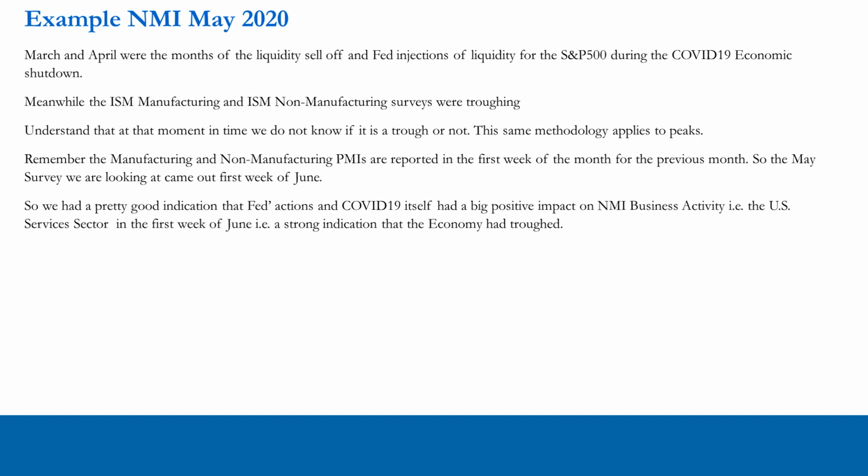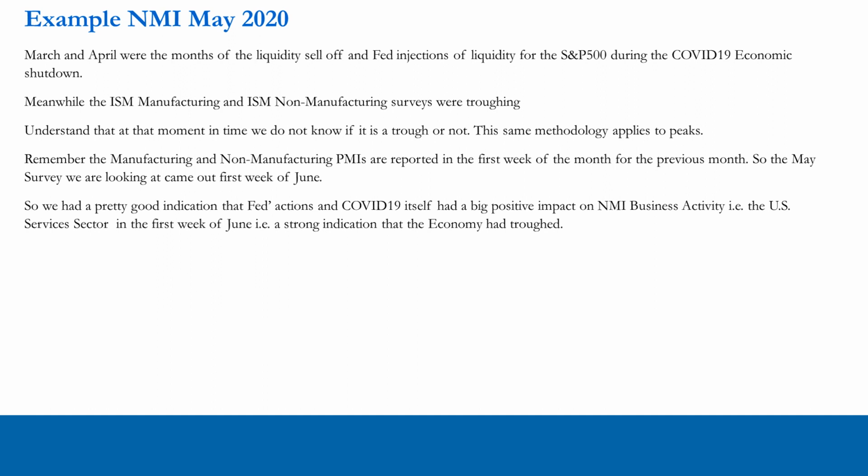And this obviously, same methodology applies to peaks as well. So when we're looking at peaks, when we have a very high level, around 60 or above 60 in the NMI, we don't necessarily think to ourselves immediately, because it's around 60, it must be a peak. It could put in a higher reading in the next month. What we have to think about is if there's a move lower, when we come from peak, if that's going to be a continual factor.